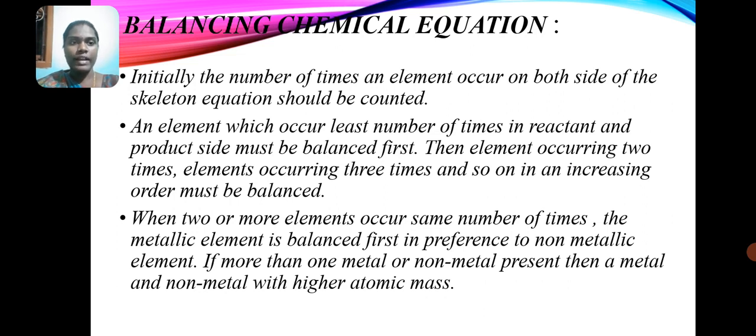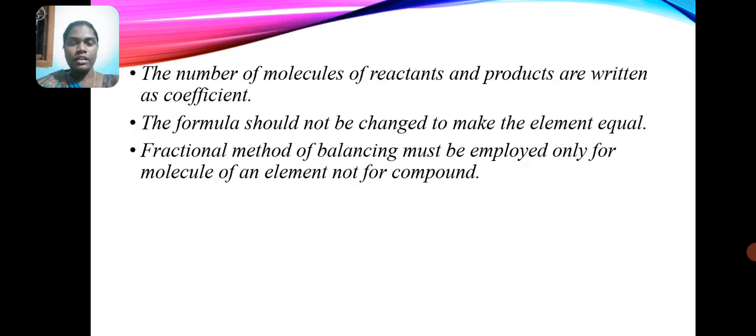When 2 or more elements occur the same number of times, the metallic element is balanced first in preference to the non-metallic element. If more than one metal or non-metal is present, then the one with higher atomic mass is balanced first. The numbers of molecules of reactants and products are written as coefficients. The formula should not be changed to make the elements equal. The fractional method of balancing must be employed only for a molecule of an element, not for a compound.